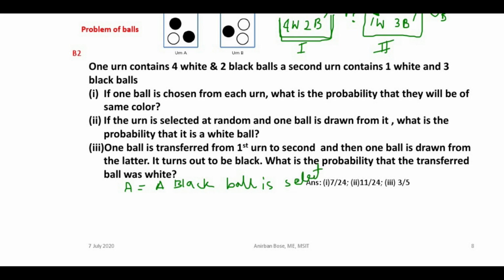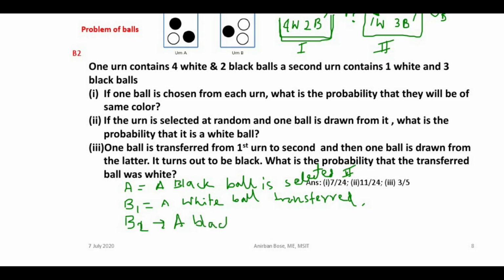Let B1 be that a white ball is transferred, and B2 be that a black ball is transferred.